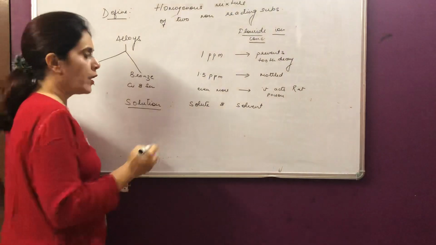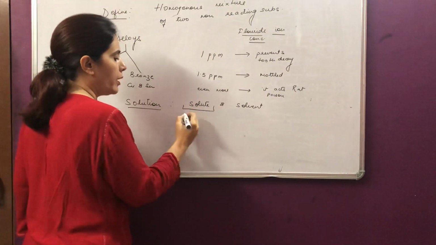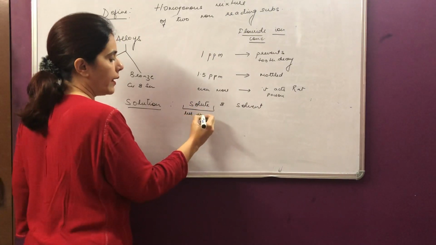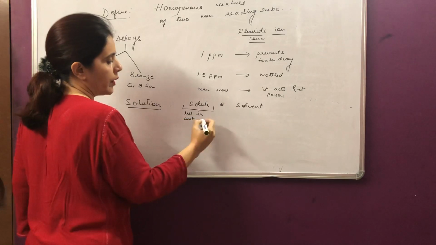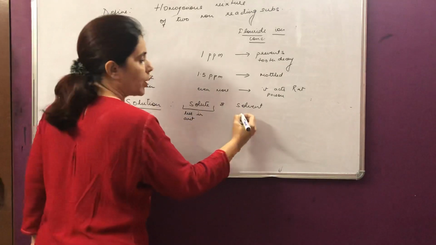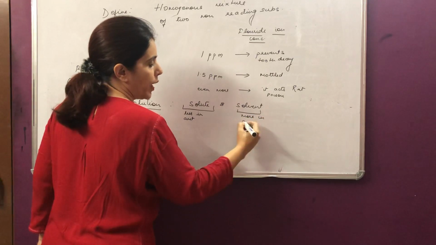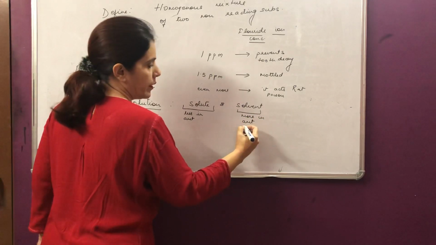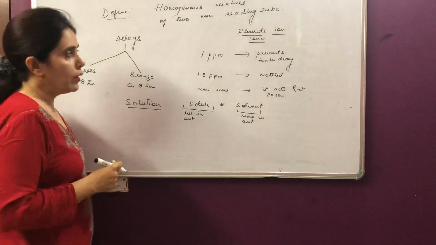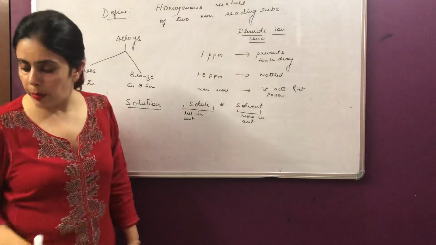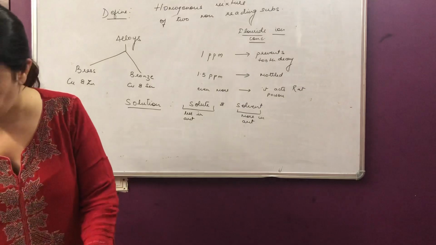Two components. So what is solute? The component which is less in amount is called solute, and the component which is more in amount is known as solvent.